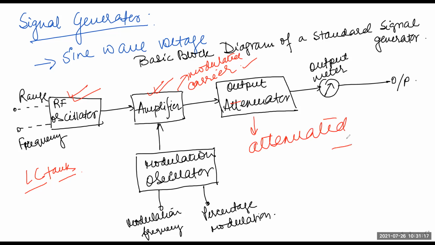As we reduce the power, the design of the waveform is called the attenuated waveform, which is then passed to the output meter. So this is the work of the attenuator, just to keep the modulated carrier waveform intact, and then we pass it to the output meter. When I show you the standard picture, I will also discuss another picture of the standard signal generator. There you will also find the function of this output attenuator.